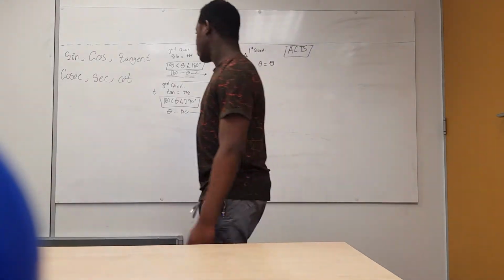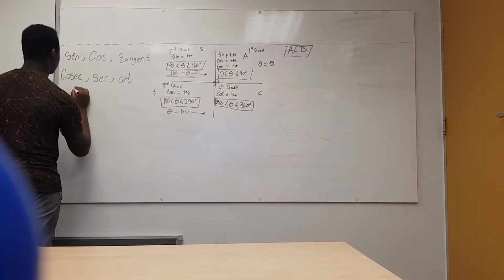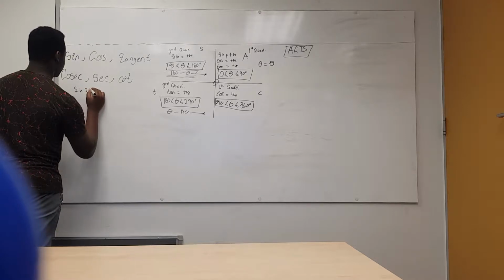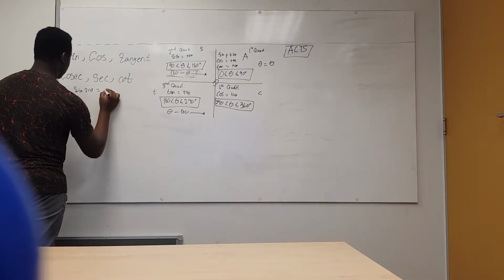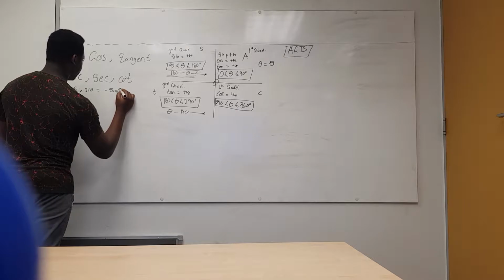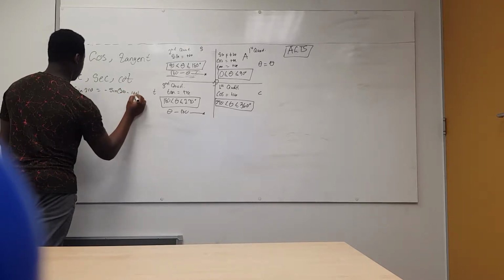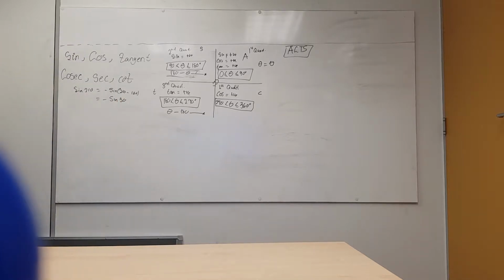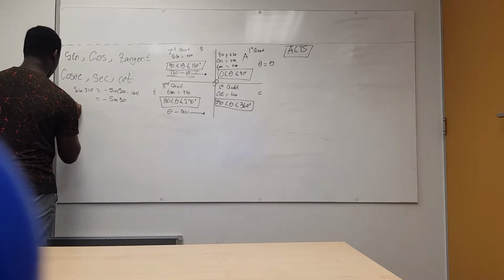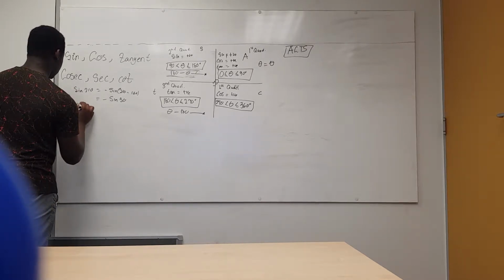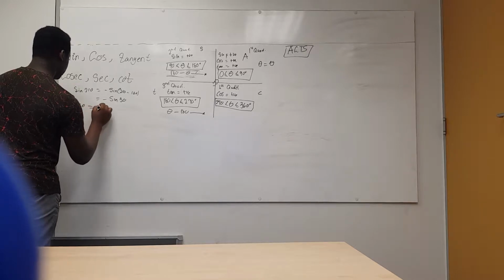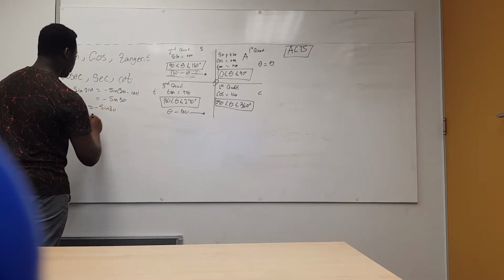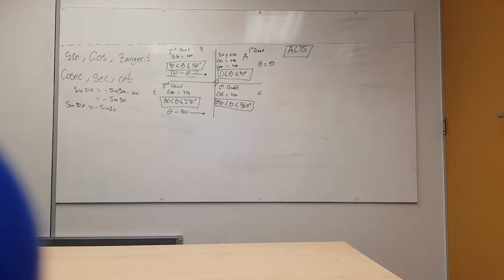Sine of 210 is going to be negative sine of 210 minus 180, equal to negative sine of 30. So sine of 210 is equal to negative sine 30.